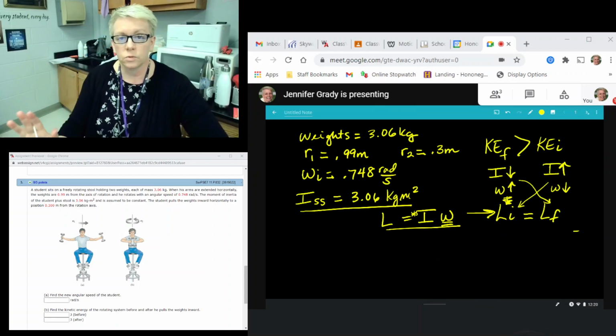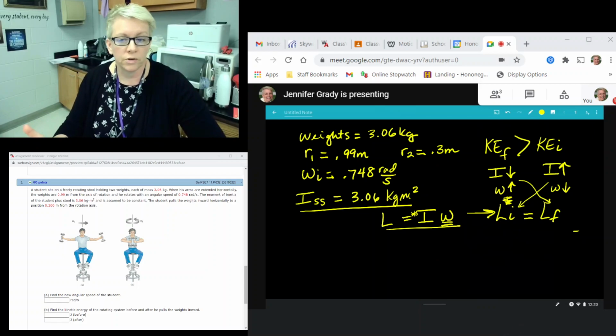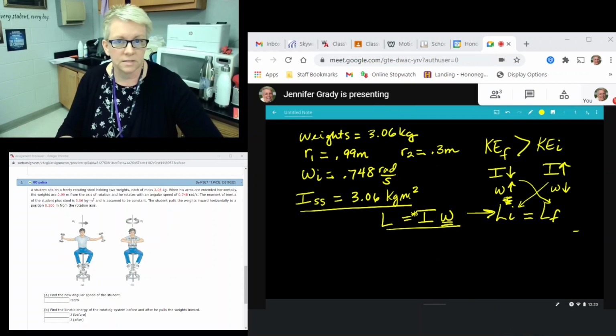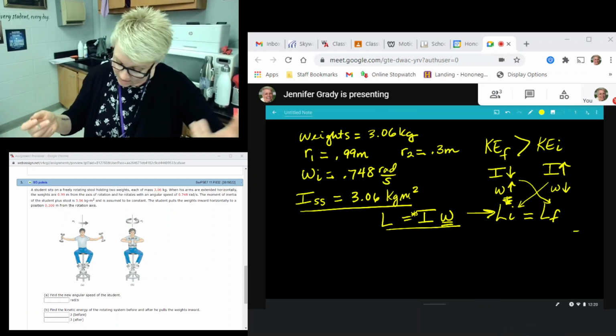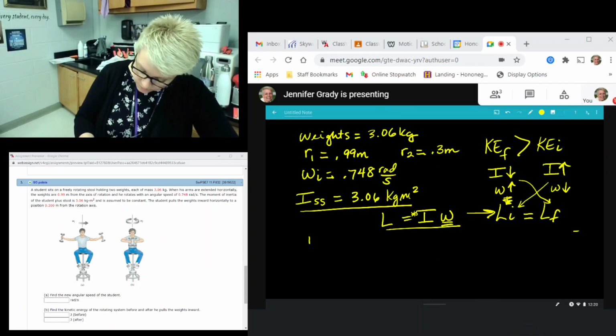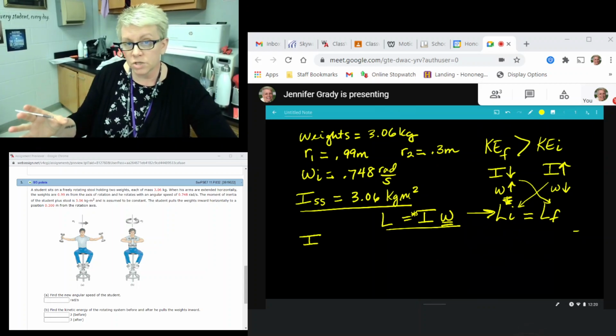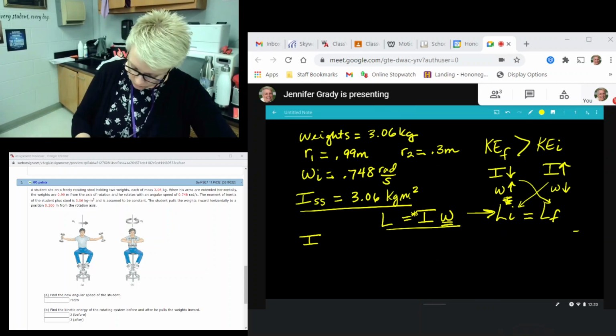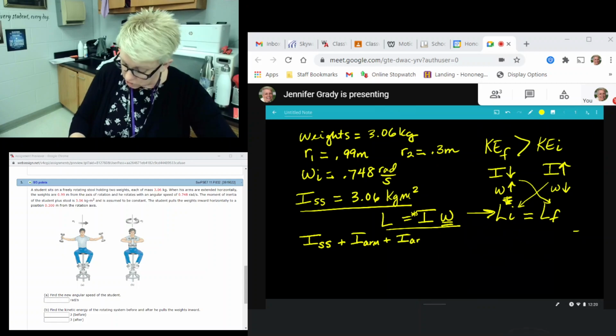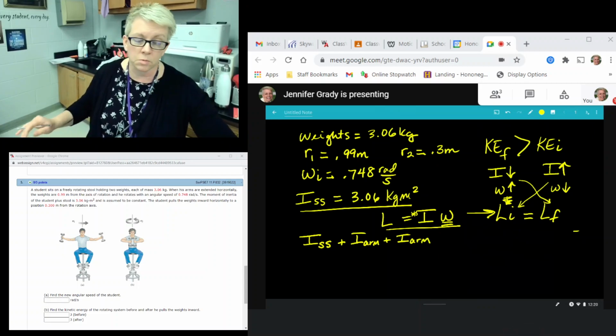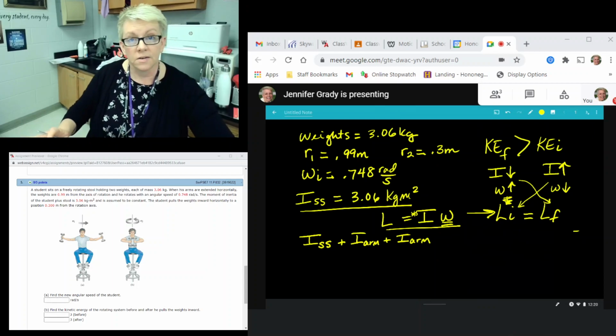There's an actual numerical value there, not just some weird formula, because what would the formula for some guy sitting on a stool be? I don't know. But what I do know is that if I have 2 or more objects, I have to add those inertias together. So the student plus the stool plus the inertia from one arm plus the inertia from the other arm, because you have 2 arms. We're going to assume they're the same. Yes, you could multiply it by 2. I'm just going to write it all out here.